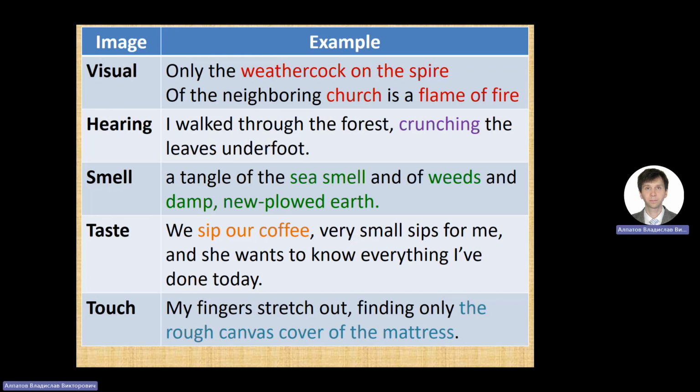Only the weathercock on the spire of the neighboring church is a flame of fire. And we can immediately see this, right? Because these are the words which have this imagery component. I walked through the forest, crunching the leaves underfoot, right? Шелестя листьями под ногами. A tangle of the sea smell and of weeds and damp, new plowed earth.